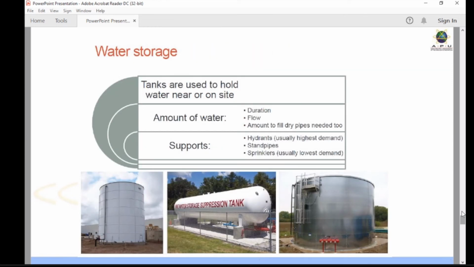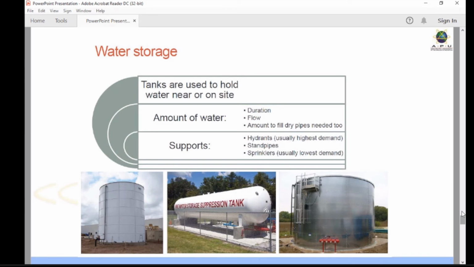So what tanks are used to hold water near or on site? You can see fire, water storage, suppression tank. Okay, various different types of water tank. It should store the water for a specific duration. It also should be designed with the flow that is required, the amount to fill dry pipes as needed too, and support hydrants.